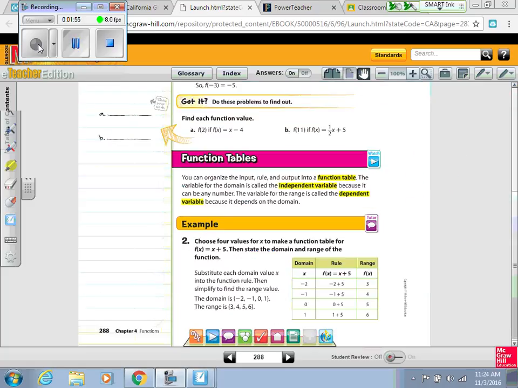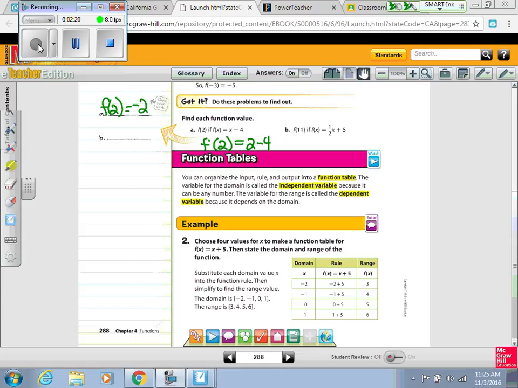So now let's try finding the function value for f of 2. So we're going to plug the 2 in, and we get that f of 2 is negative 2. So for a, f of 2 is negative 2. Okay?